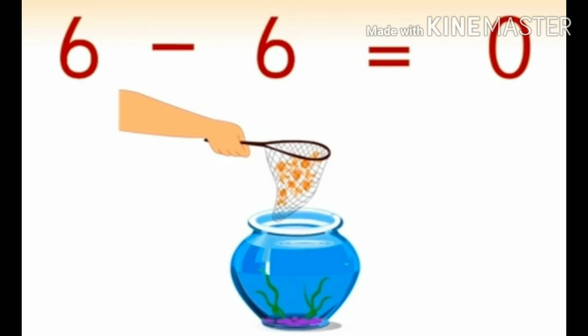Right, students? So if we subtract a number from itself, the difference is 0. So 6 minus 6 equals 0. Or take one more example. Suppose I subtract 3 from 3, the answer is 0 only.